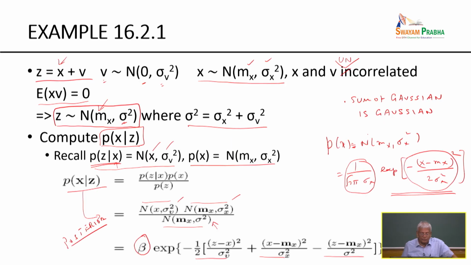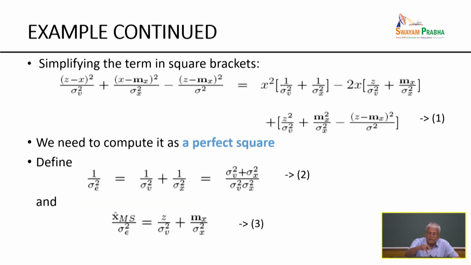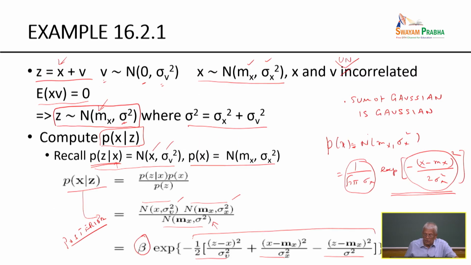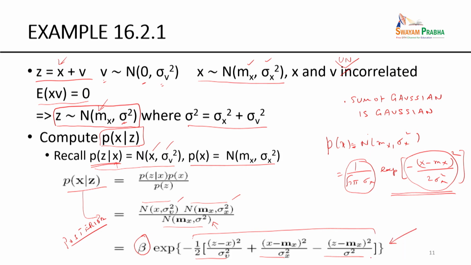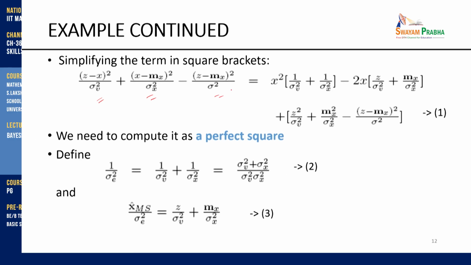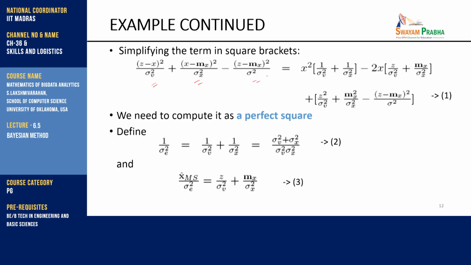So, what is the rest of the thing? I want to be able to simplify the exponent term, simplifying the terms in the square brackets. There are 3 terms in the square bracket.